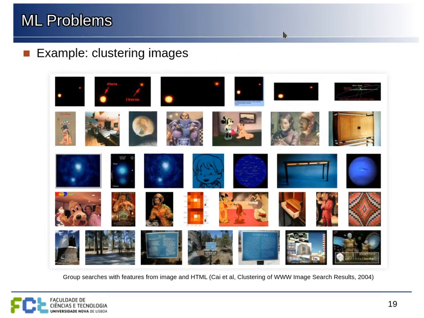One easy to understand example of this is clustering, where we want to group together things that are similar and in different groups things that are more different. So in this example from this paper is clustering applied to images using features from the images, which are color distributions and so on, but also features from the pages where the images are found on the internet, such as labels and text associated with the image.